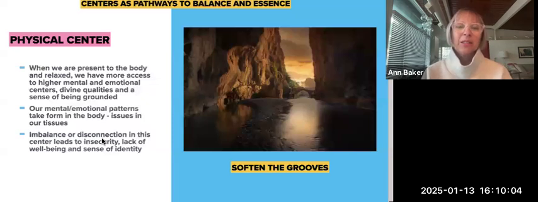It's our survival mechanism. So we have to be really present to the body and relax the nervous system to even begin to have access to any of the higher order mind aspects or the heart aspects. So for me, it begins with the body.